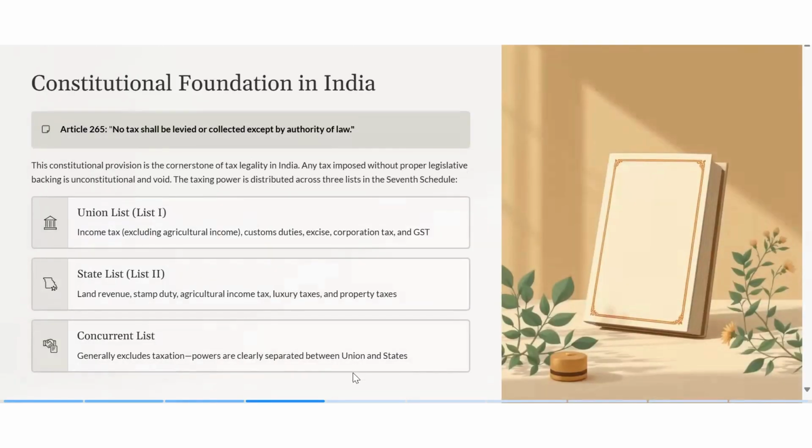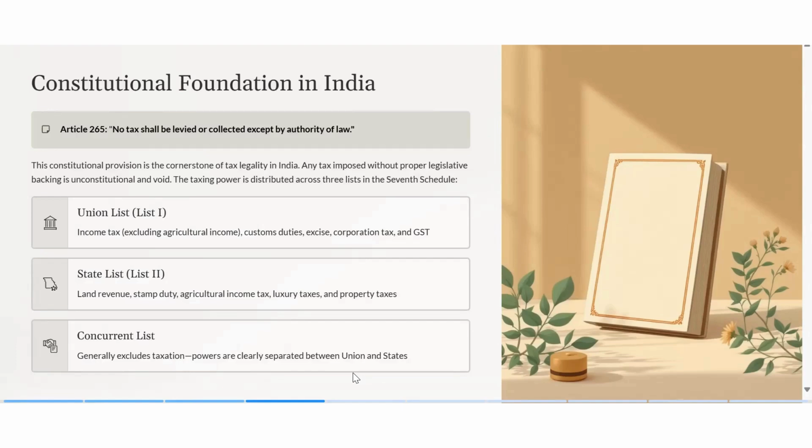What is the constitutional basis of taxation in India that has been incorporated in the Indian Constitution? So Article 265 says no tax shall be levied or collected except by authority of law, meaning thereby the Constitution itself is empowering the central legislature and state legislature to make law when it comes to tax collection.